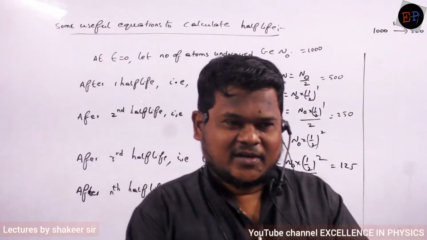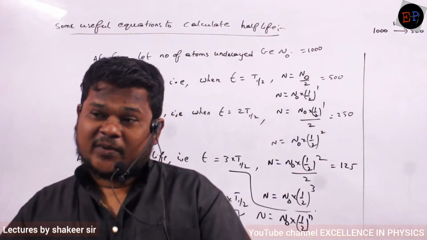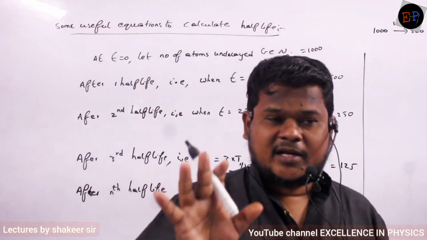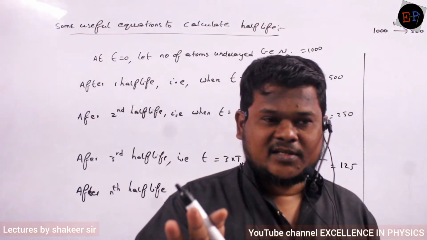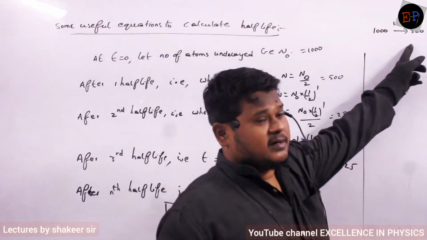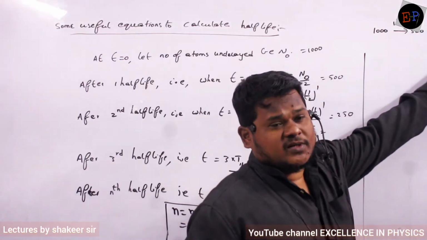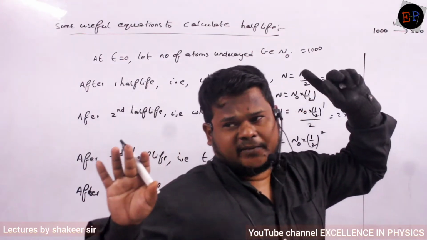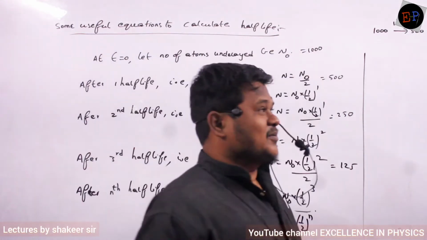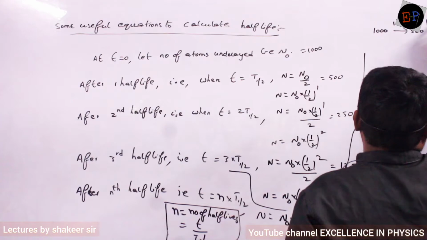1000 atoms have converted into 500. It means how many atoms have disintegrated? 500 atoms have disintegrated, and the time taken for 500 atoms to disintegrate is 1 hour. Clear? Now how many atoms are there? 500. From 500, 250 should disintegrate and 250 should remain. Then what will be the time taken? Half an hour? No. The time taken is again 1 hour only.